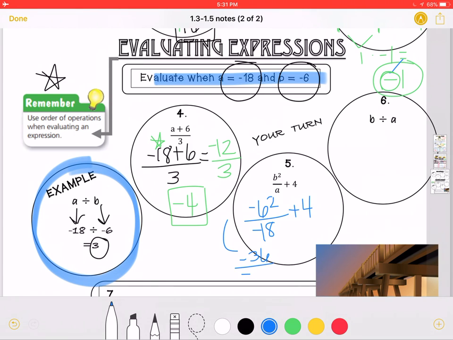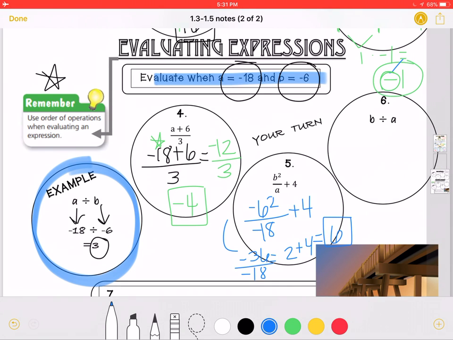A negative 36 divided by a negative 18, that's our next step. That gives you a positive 2. But we're not done. We still have to add 4. 2 plus 4 is 6.